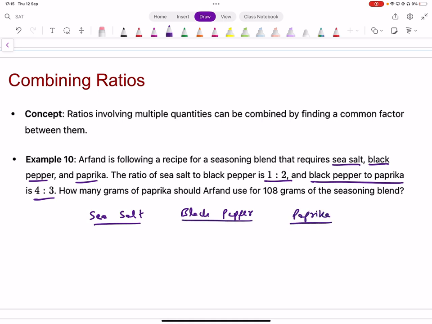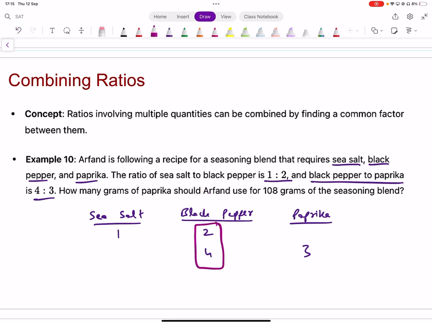Now we know the ratio between sea salt and black pepper, that's 1:2. And the ratio between black pepper and paprika is 4:3. So if we want to combine all the three ratios, black pepper is what can connect them, right? Black pepper is the common thing between those two ratios.